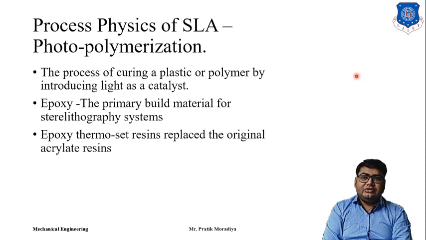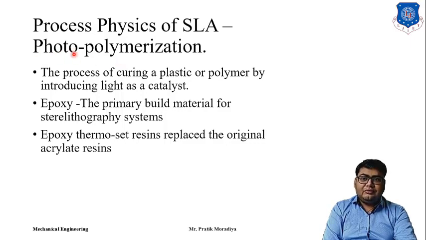Now what is photopolymerization, which is the process behind the SLA? Photopolymerization simply means polymerization in which the catalyst is light. If we use photons as light, as a catalyst, then the process is known as photopolymerization.